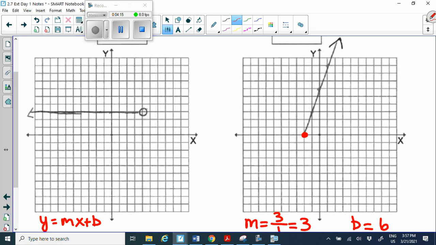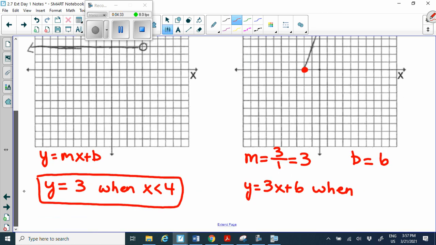So think about it, since we are doing a ray, it's going to be the starting point of the ray. That's what's going to be part of the restriction. So we are going to have to use that point. We're going to determine what is the x value of that point. Well, it looks like it's -2. Now, whenever we do our restriction, we always use x, and our x value of that is -2.